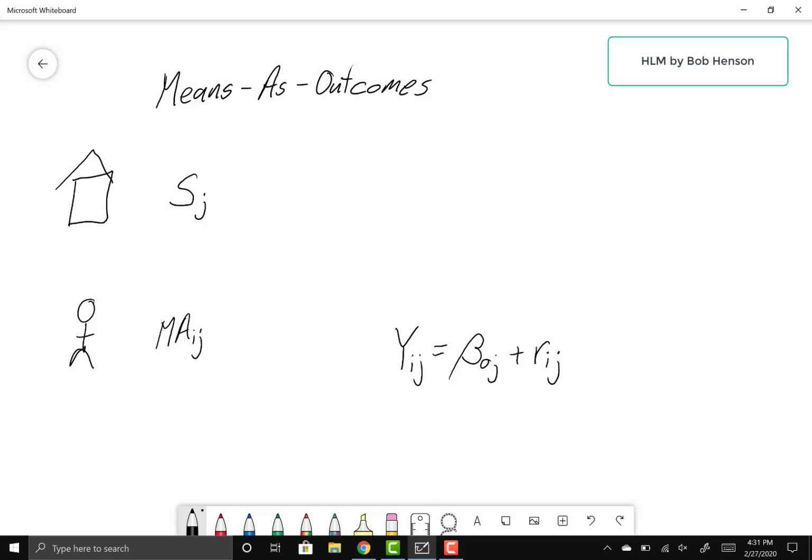Now at level 2, we take the coefficients, and the only coefficient we have is beta 0j. As a reminder, beta 0j is the average of my dependent variable for the jth school, so in this case average math achievement.